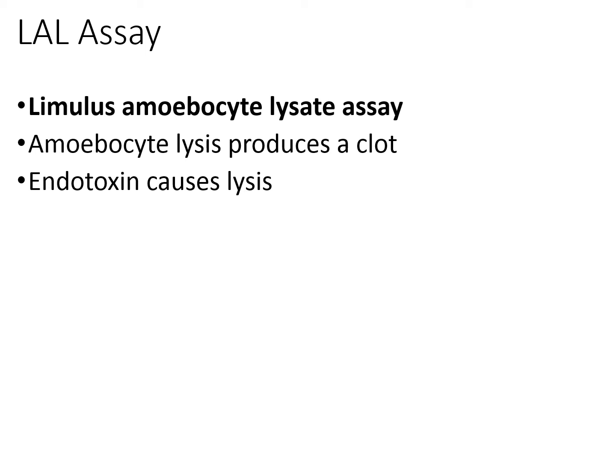If we happen to see a clot, then we know that the drug is contaminated by endotoxin and needs to be further purified before it can be used as a drug or a therapeutic. And if there's no lysis, then we know that the drug is safe for use as a therapeutic in humans. So this is kind of a gift from our friends the horseshoe crab that helps us detect endotoxin.